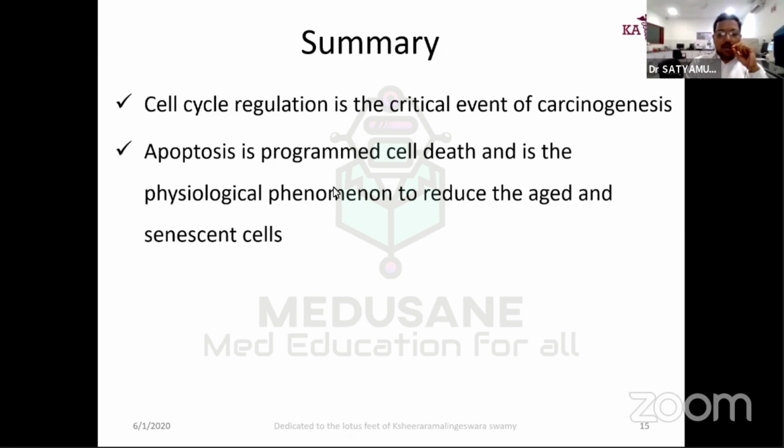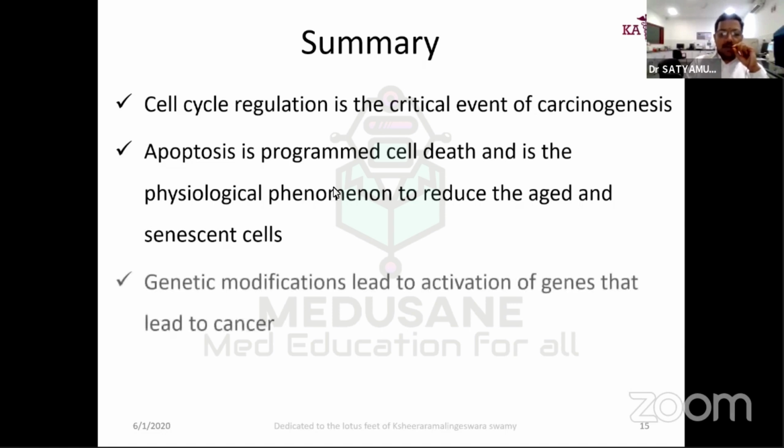Also, apoptosis helps the cells to destroy abnormal DNA cells which arise from abnormal DNA in replication. And genetic modifications: what are they? Promoter insertion, enhancer insertion, chromosomal translocation, and point mutation can lead to cancer cells.